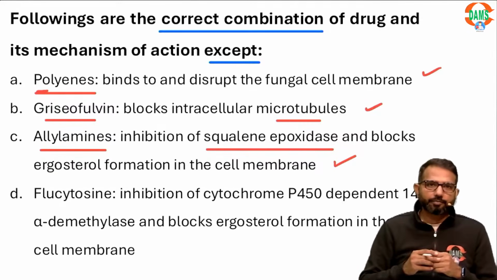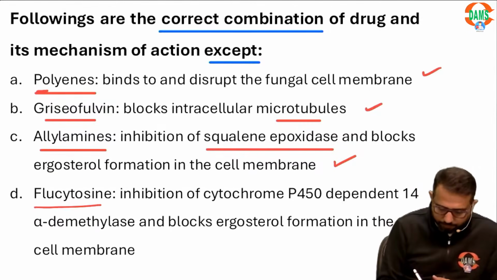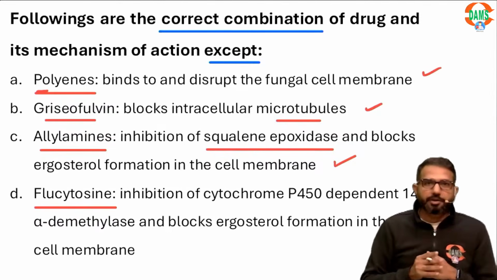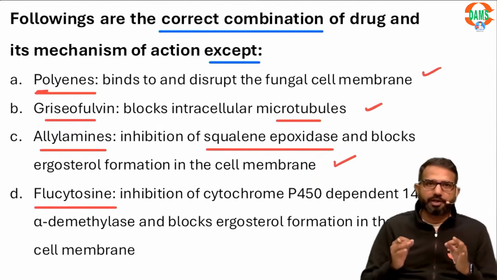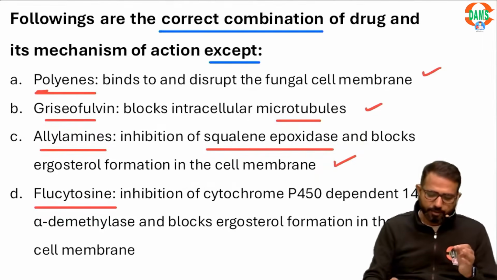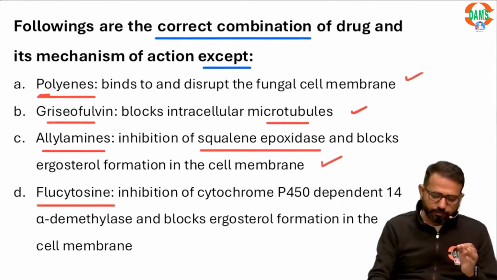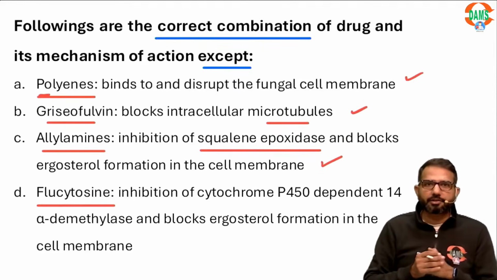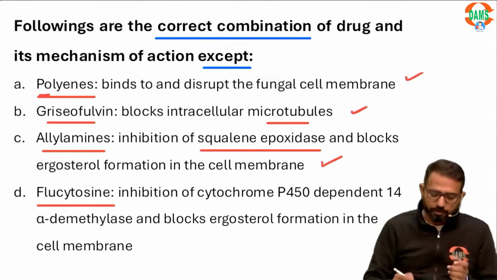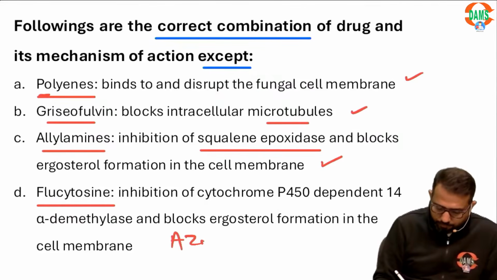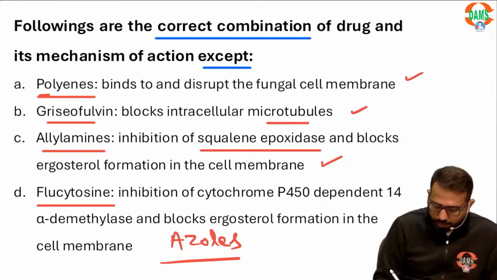Then flucytosine: inhibits cytochrome P450 dependent 14 alpha demethylase. Is this true? 14 alpha demethylase. Which drug is this? This is fluconazole. This is seen with the azoles, not flucytosine.